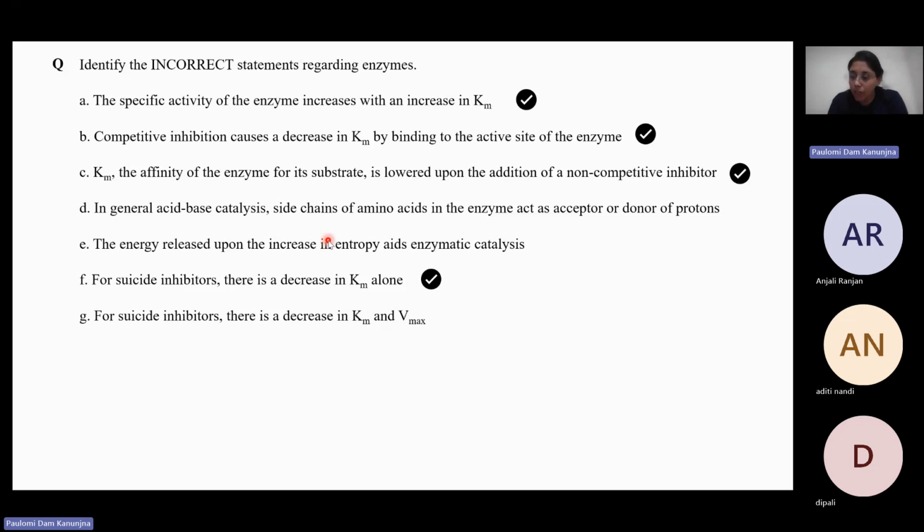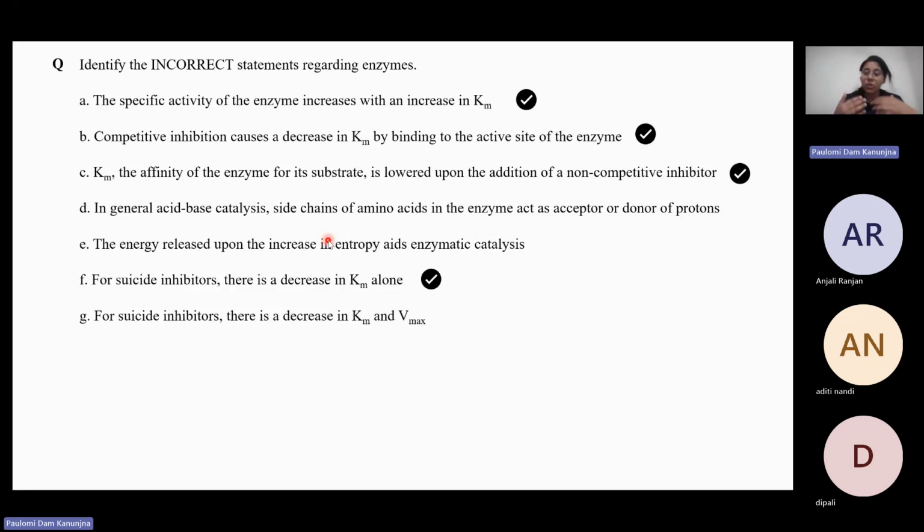What she just pointed out was that, as we know, the enzyme doesn't participate in thermodynamic differences, so it doesn't bring in change in thermodynamics, and entropy is a part of thermodynamics. When you broadly consider enzyme and substrate and the general catalysis, you might not see a role of entropy in that overall reaction. In that perspective this statement is incorrect, because it talks about thermodynamic differences, and that doesn't happen in normal enzyme-based catalysis.